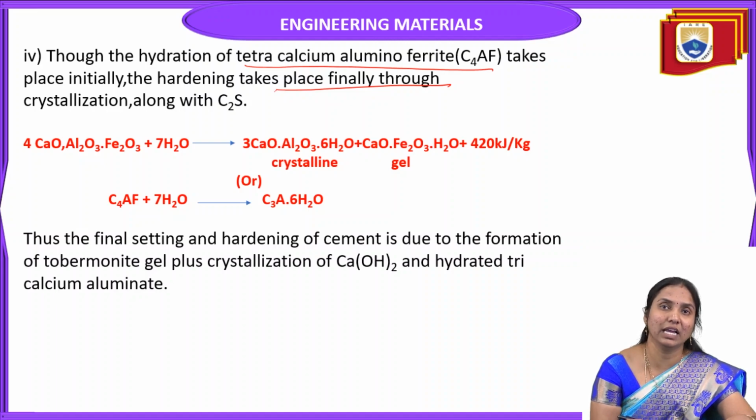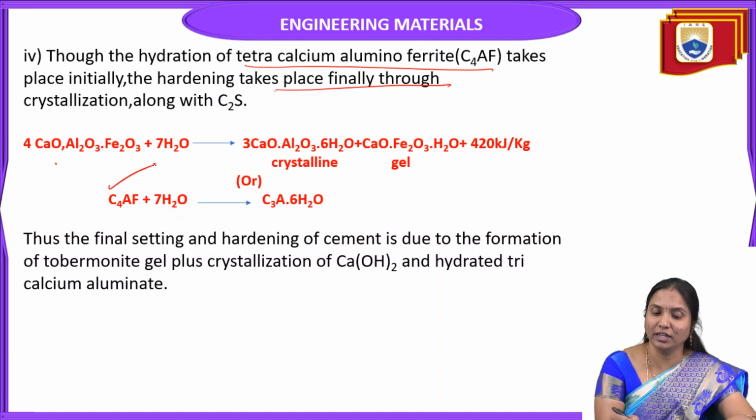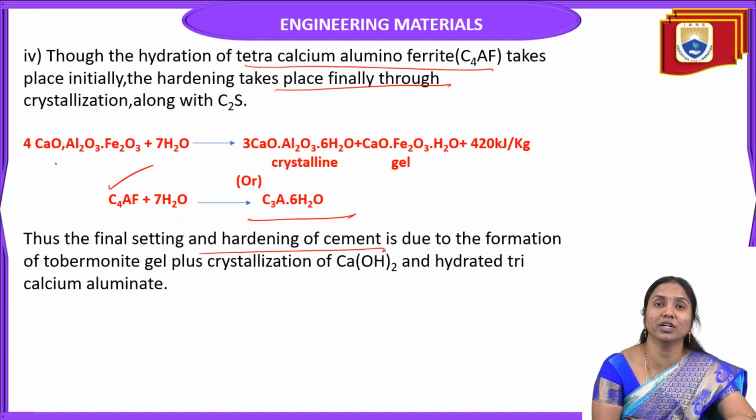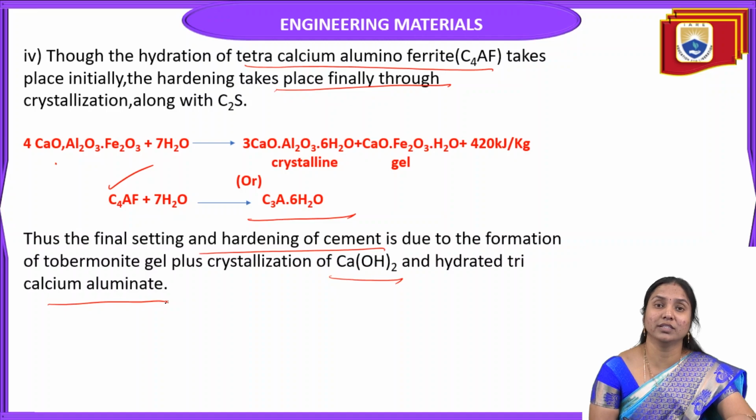Here tetracalcium aluminoferrite is hydrolyzed, then it forms hydrated tricalcium aluminate. The final setting and hardening of cement is due to the formation of tobermorite gel and crystalline products of calcium hydroxide and hydrated tricalcium aluminate. So this is the setting and hardening of cement.